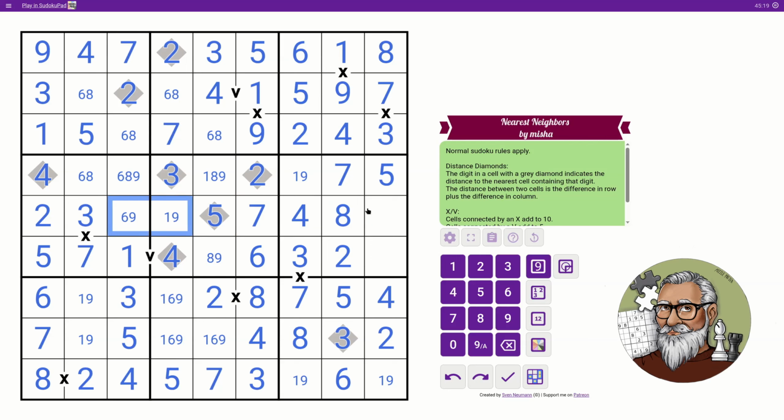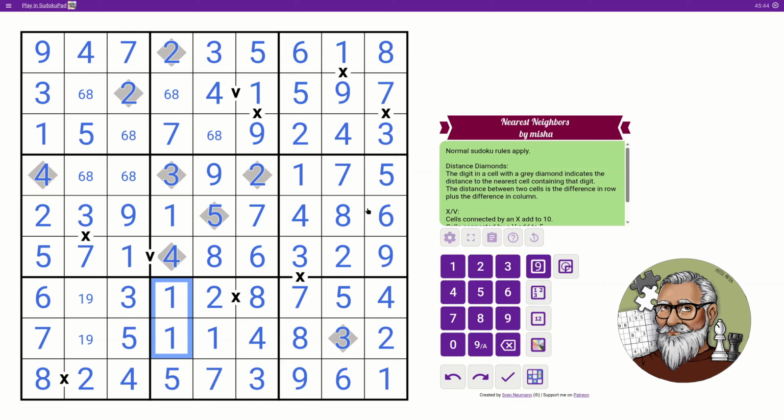An 8. Now we have an 8 here, so this isn't an 8, and that's an 8. This isn't 9 either, so this becomes a 9, 1, 9, 1. And here I need a 9 and a 6. Right, but this seems like it should be resolved. Yeah, that's 1.